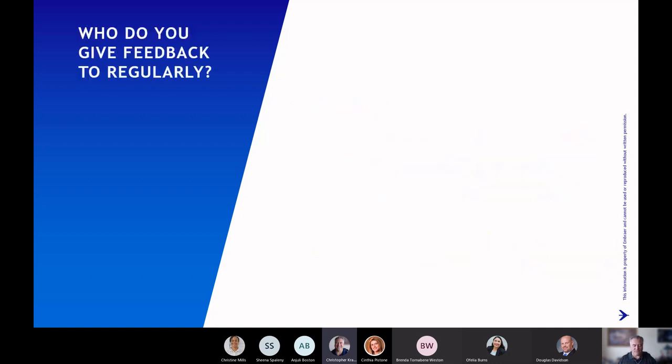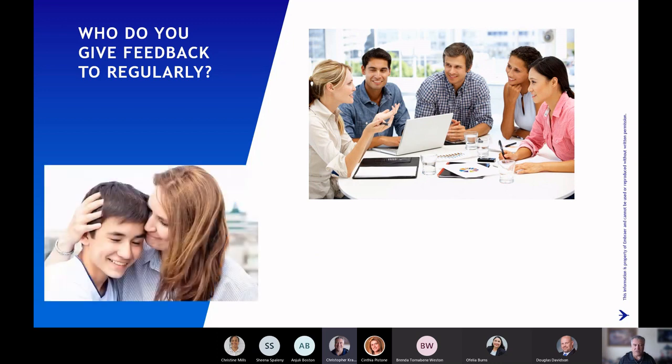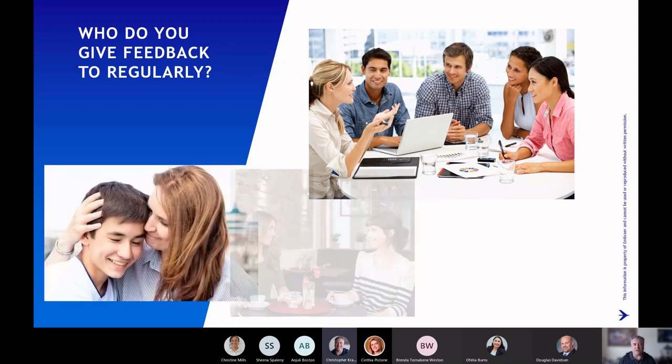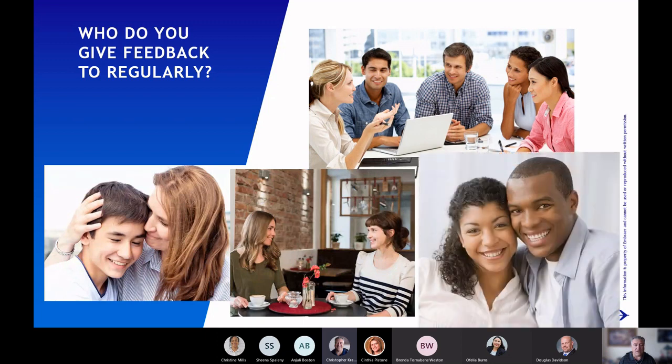So who do you give feedback to on a regular basis? Usually it'll be your team, right? Your direct reports, your peers, your manager, maybe the people that you work with daily. But you might also be giving feedback to your children or your friends or your spouse. Anyone that you come in contact with, you can use this tool to make sure that you're giving good, well-rounded feedback.